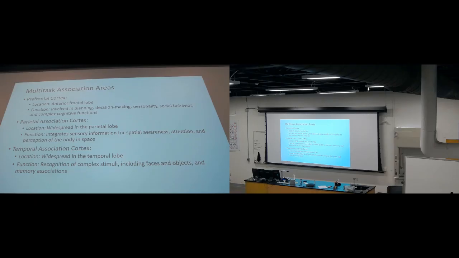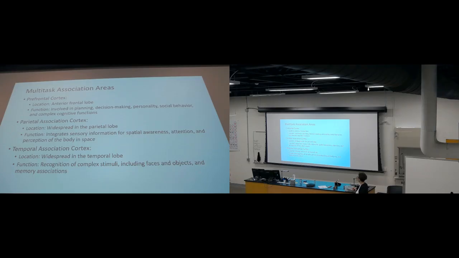And then we have some areas that are helpful for multitasking. The anterior frontal lobe helps to plan and make decisions. It is in charge partly of our personality, social behavior, and complex cognitive functions, like doing math, for instance. And then the parietal association cortex.